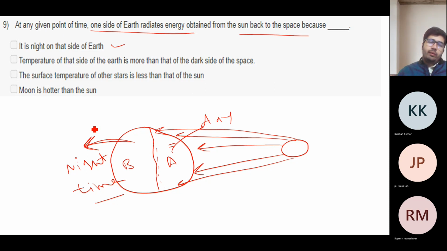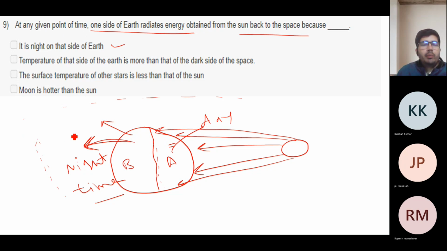That absorbed heat will be radiated back, because now this is open space. The space immediately after the Earth is in the shadow of the Earth, so this immediate space will also not receive energy from the Sun.